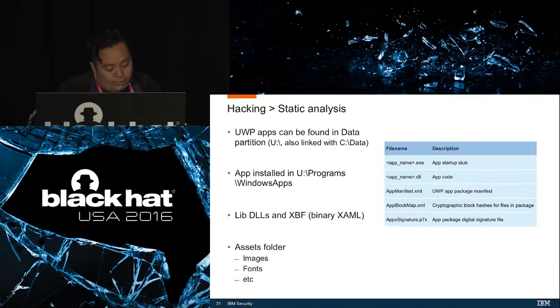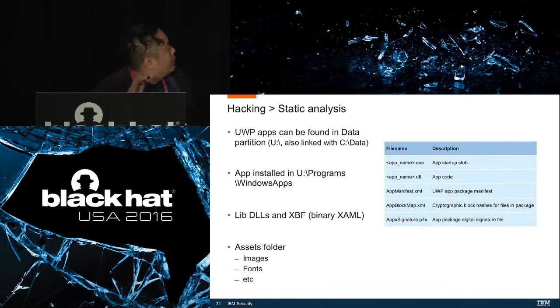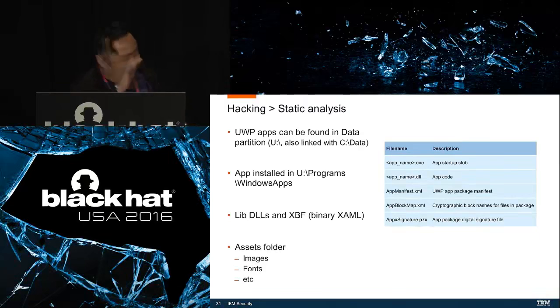App name.exe is a sort of stub that calls the exported function in app_name.dll. And there's also the app manifest and other files.